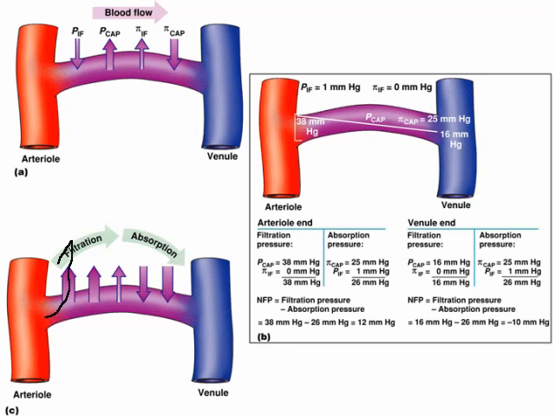As fluid starts being lost due to hydrostatic pressure, there is less hydrostatic pressure. The proteins within the blood become more concentrated, so that by the time we are moving toward the other end of the capillary bed, we now have fairly concentrated proteins, low hydrostatic pressure, which is going to favor absorption.